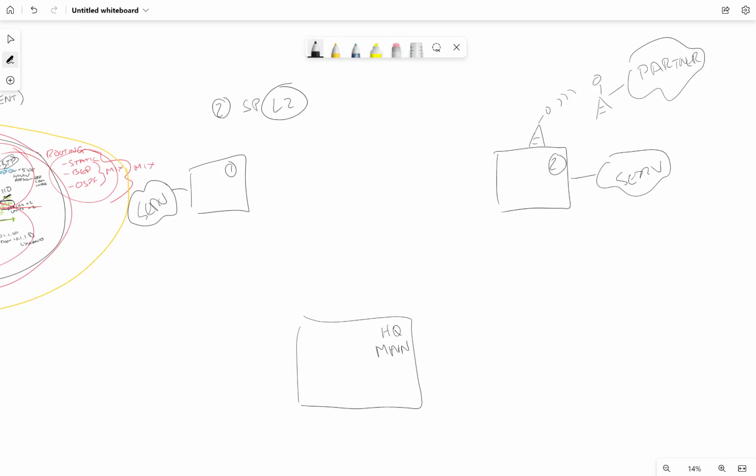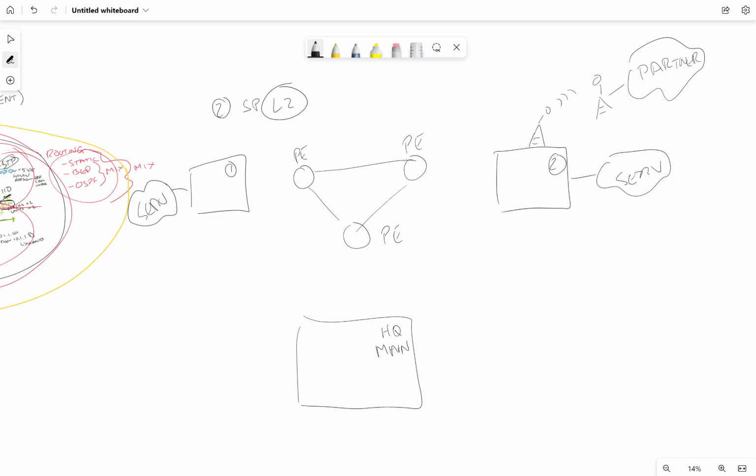a PE here and a PE here and then a PE here in the core network, and these 3 PEs are linked together redundantly.